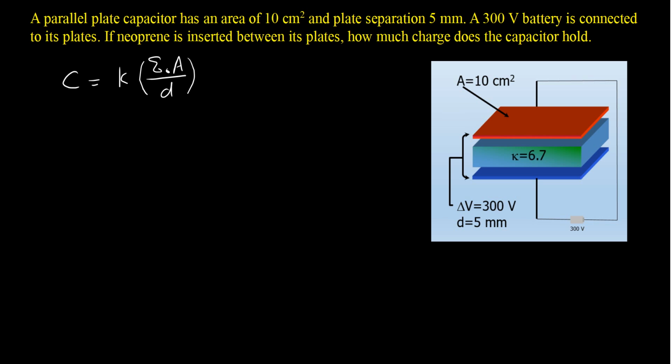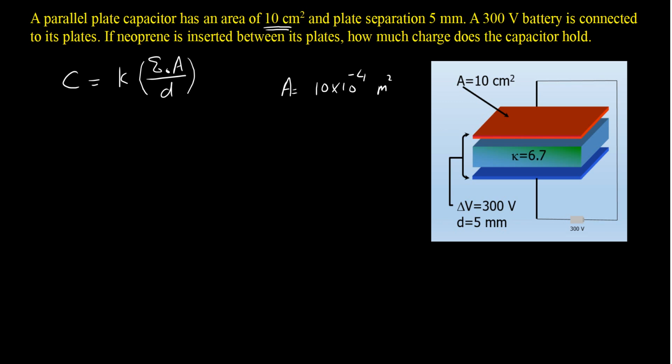Now, first of all, we need to focus on the area. It's already given as 10 centimeters squared, so we have to convert that to meter squared. So the area will be 10 to the power minus 4, in meter squared.